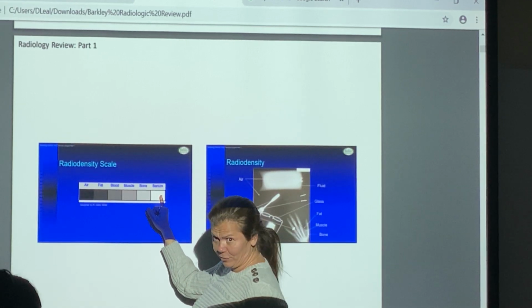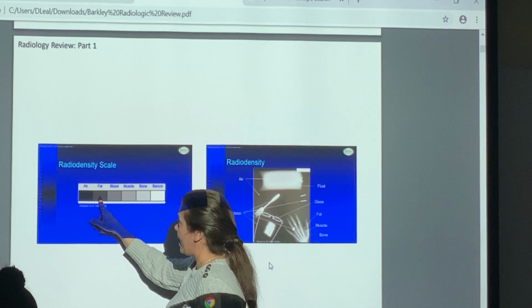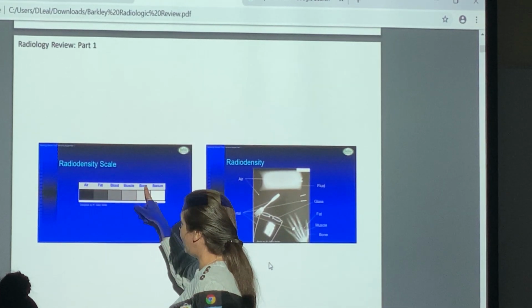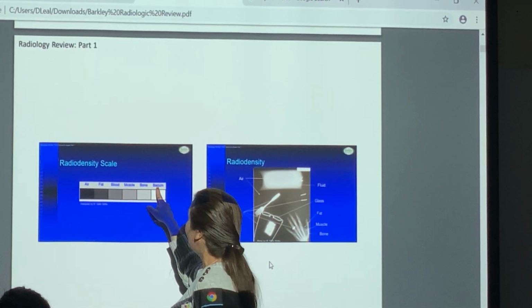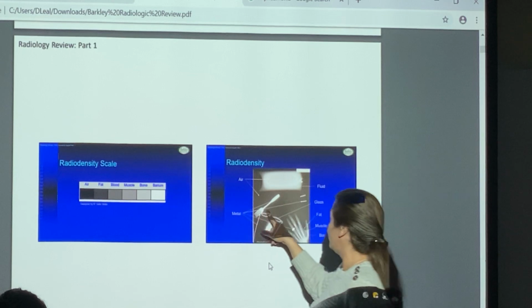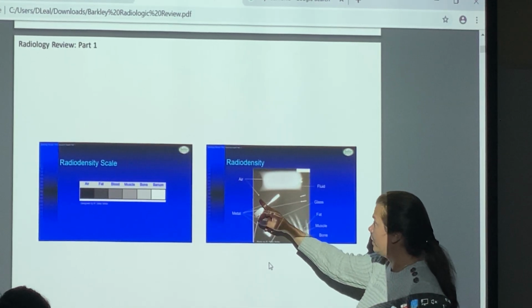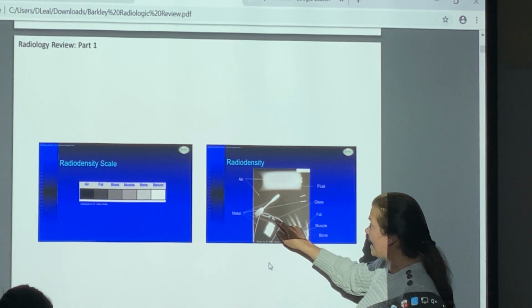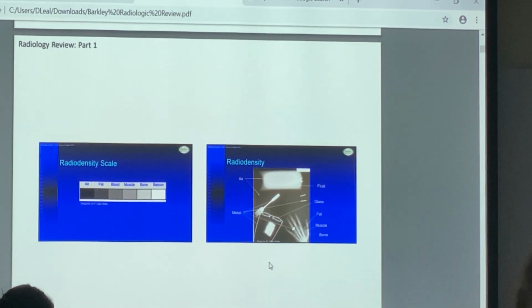Bone is actually white. He has it as light gray, and barium. Fluid, air is black, this is bone. You have fat, which is dark, and muscle has to be gray.